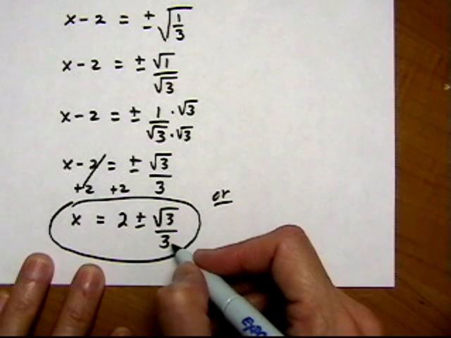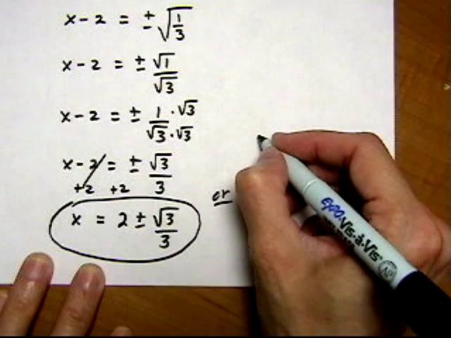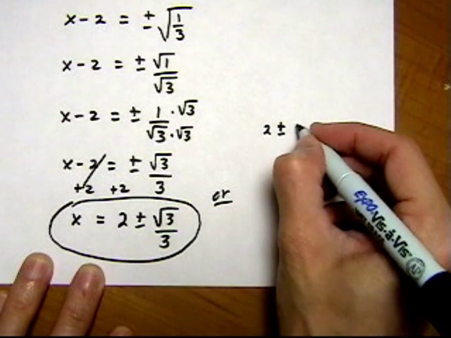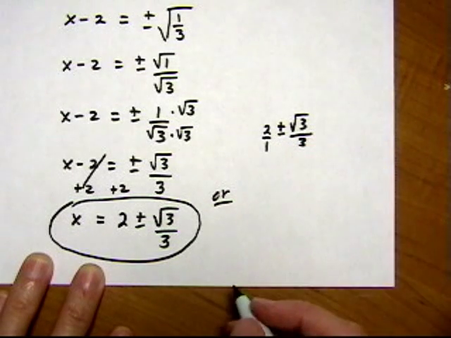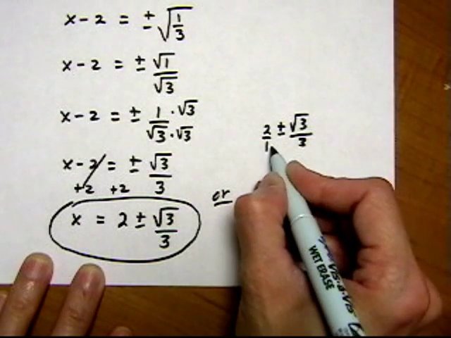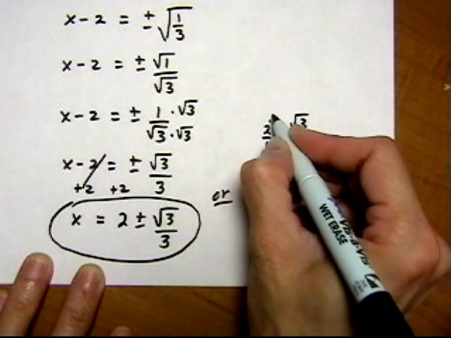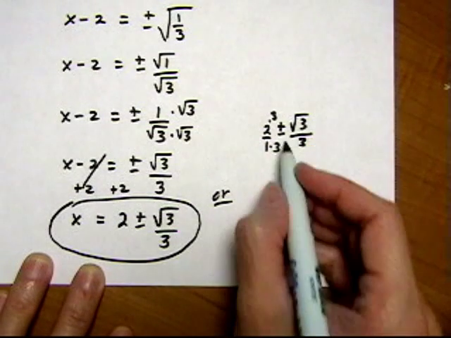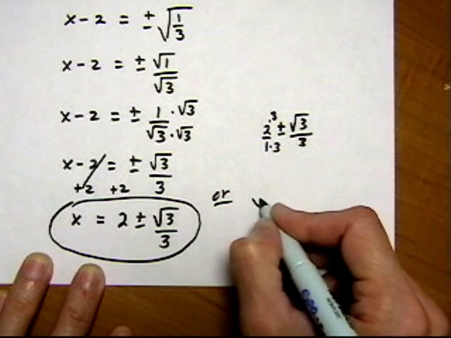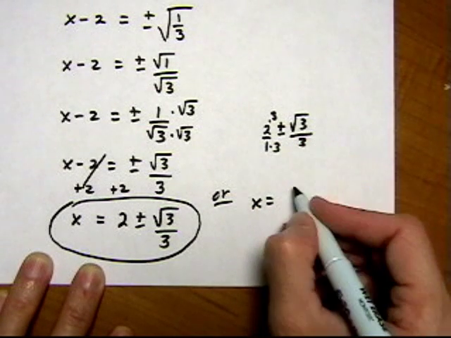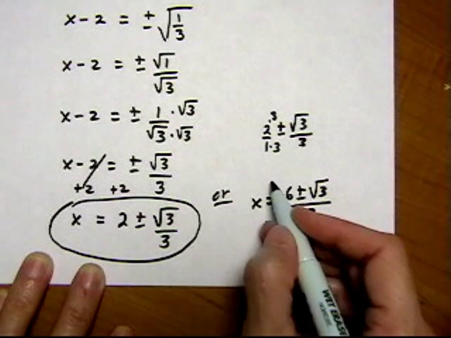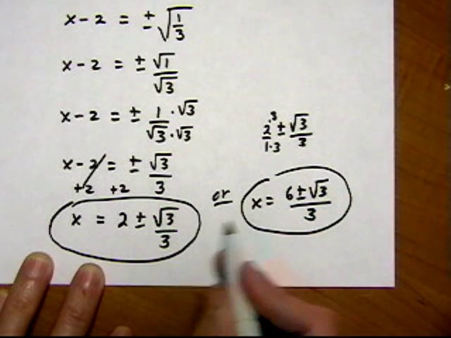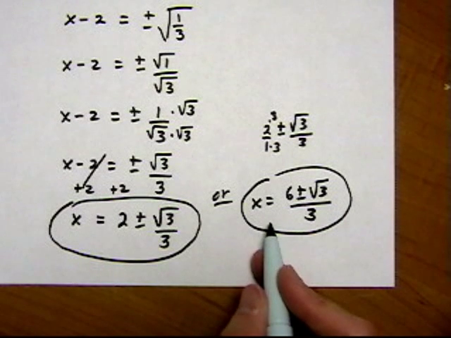So if we take the 2 plus or minus root 3 over 3, think of the 2 as 2 over 1. Common denominator will make a 3, so times 3 times 3, which means we have 6. X equals 6 plus or minus root 3 all over 3. So these look kind of different, but they really are the exact same answer.